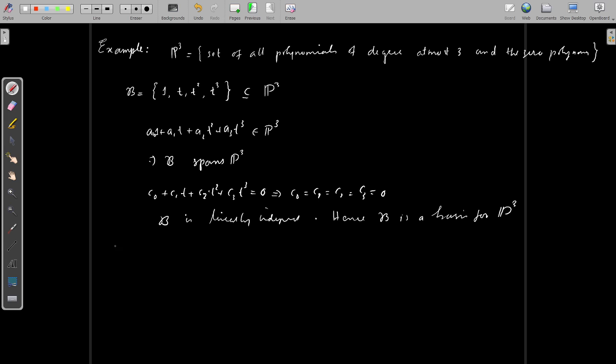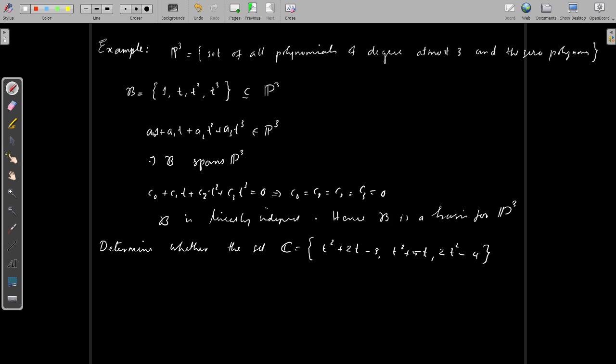Okay, now we have a problem. Determine whether the set C, which consists of the vectors t square plus 2t minus 3, t square plus 5t, and 2t square minus 4, is a basis for P3.